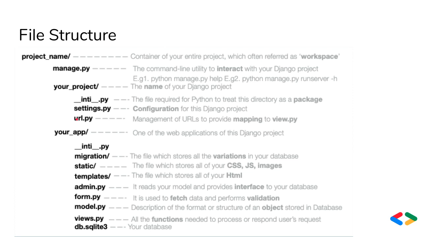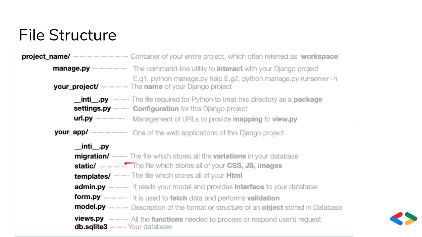Now there will be n number of apps linked to your project, so you can segregate your whole code into parts, so there won't be too much clutter in one place. If you are dealing with authorization, there will be an app for authorization. You can directly go there and check the code. Whereas if you are dealing with a profile, there will be a different app for profile. You can directly go to those views and check it out.